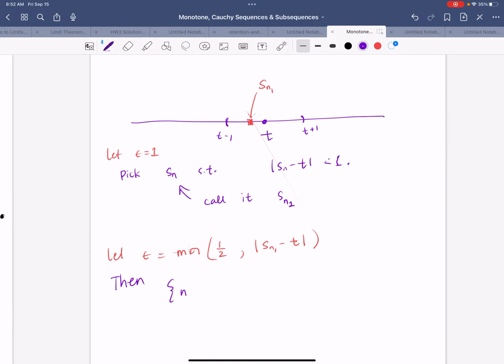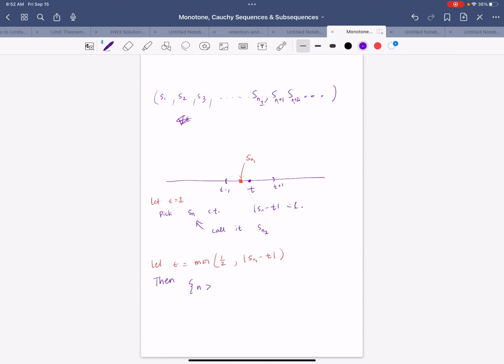So I'm going to say the set of n bigger than n1 such that the distance between Sn and t is less than epsilon, this new epsilon, is an infinite set. So choose one of these and call it Sn2.